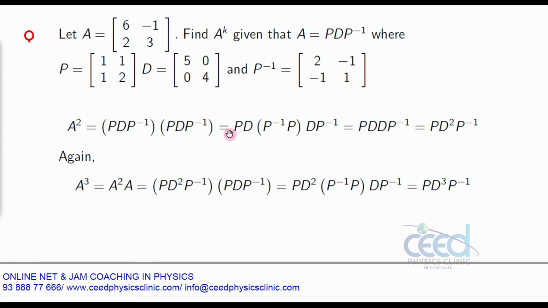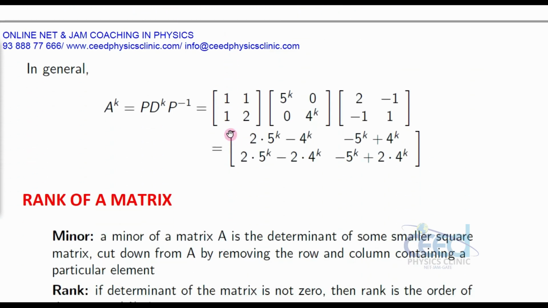So A raised to k, suppose you want to find A raised to k or A raised to 13 or A raised to some number, is equal to PD raised to k P inverse. You can write your A here, your P matrix here, and the P inverse matrix. This P is a diagonalizing matrix.